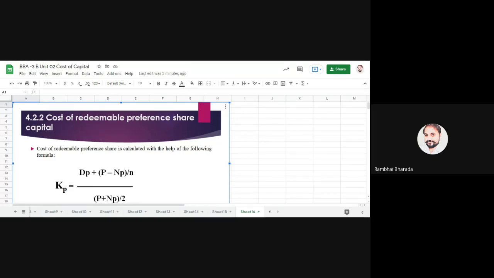And number two, now the company requires this amount for, suppose, 5 years. So after the 5 years, what will happen? The reverse process. The company itself purchases the shares from the market and redeems the shares.